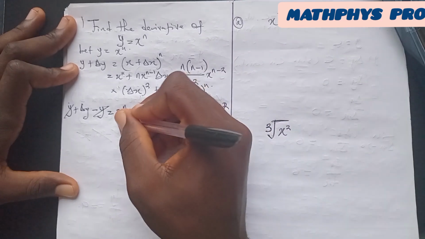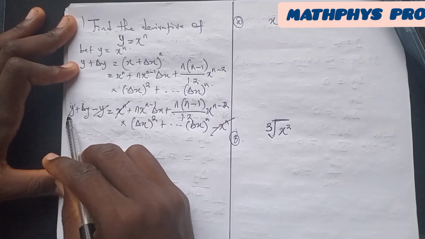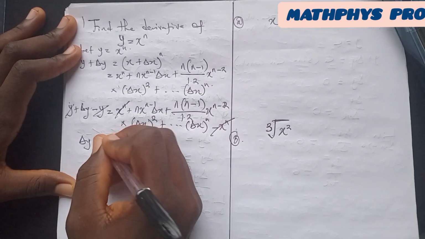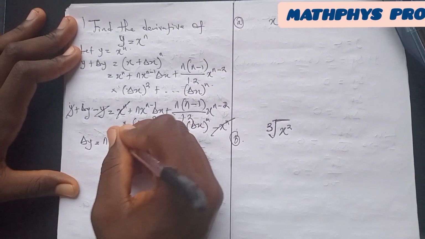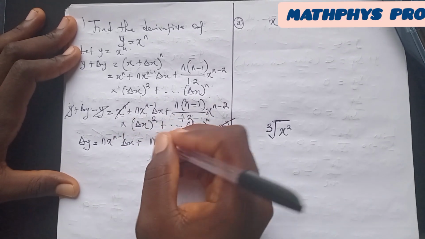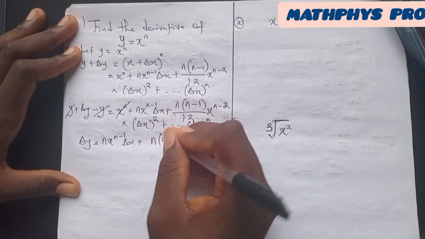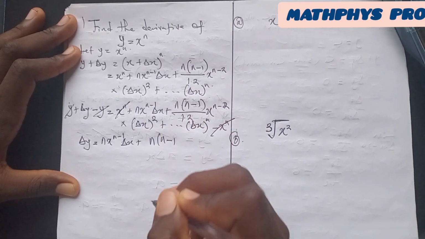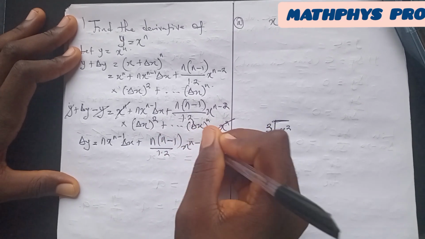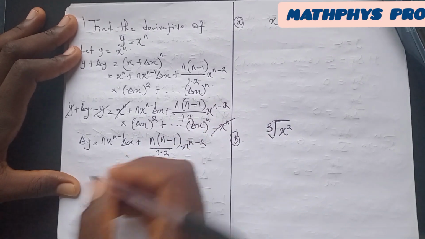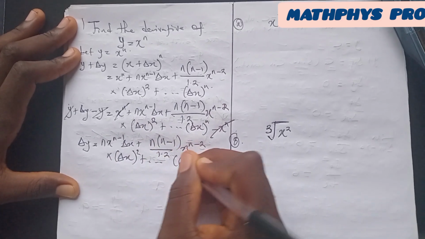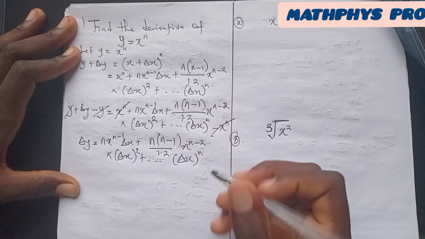So the y plus y cancels out minus y, and we say that change in y will now be equal to n x to the n minus 1 change in x plus n(n minus 1) divided by 1.2 x to the n minus 2 times change in x squared plus change in x raised to the power n.